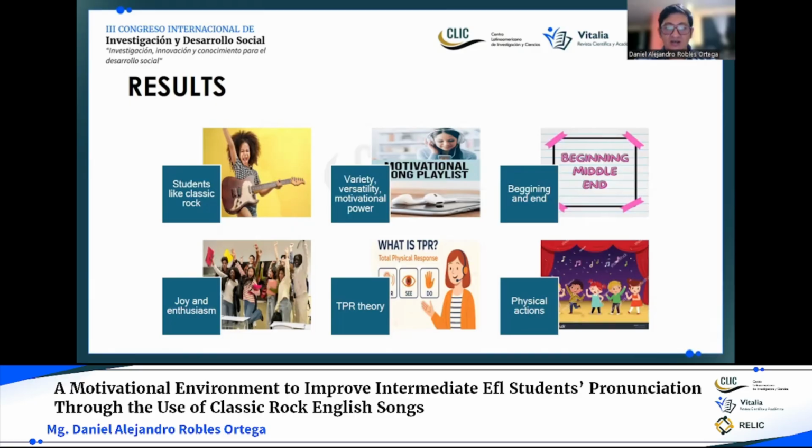These results are comparable, of course, with Campbell and Brody's in 2007, in which it is established that rock increases psychological levels of the brain, incites emotions to the heart, and motivates through movement like in the TPR theory. So, when using music to learn, learners associate what they listen to with physical actions.